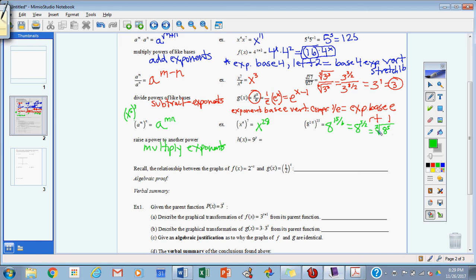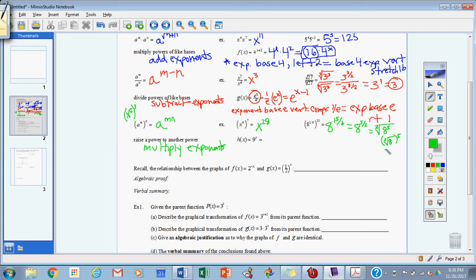But since this is coming out to a square root, it's going to be a little bit uglier to do by that method. I mean, we could do it. You'd have to think about it as the square root of 8 to the 5th power. Again, if that was a cube root, that would be a lot easier because we'd get 2 raised to the 5th, but we can still do it.